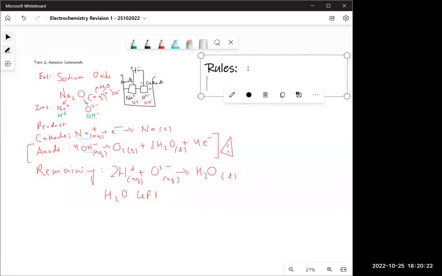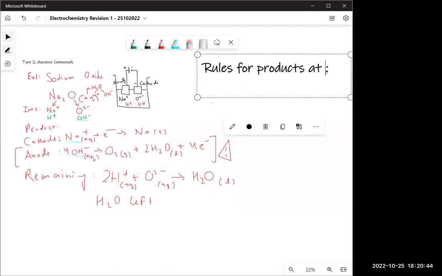The first rule is rules for aqueous products at cathode.